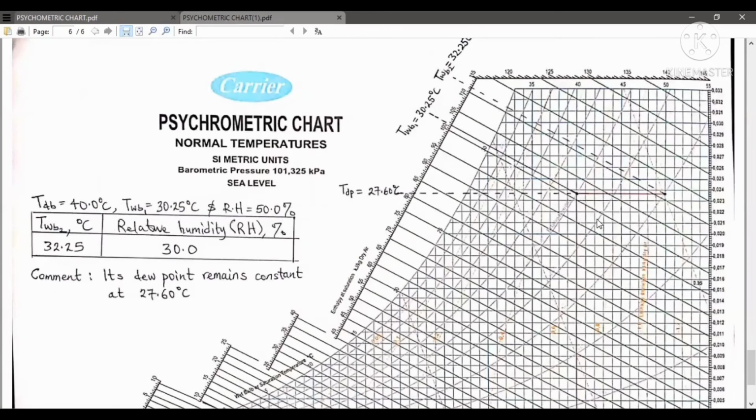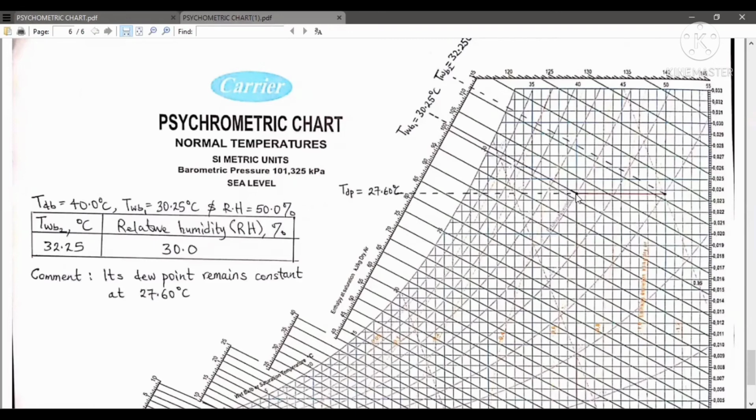This is 40, 50, 60, 70, 80, 90, 100. Now this is 50%. So we have a point here, and then from here we do our calculations.